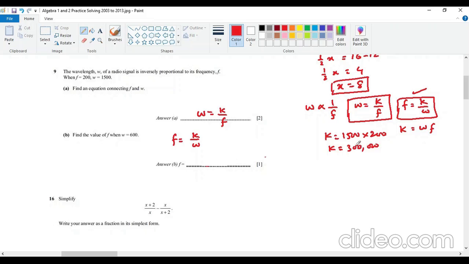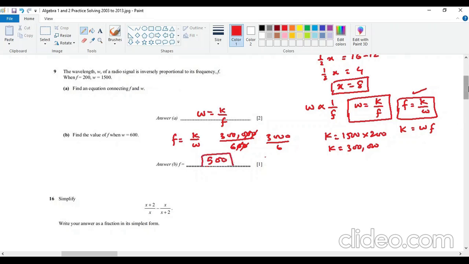Now in here k is already given, we found out just now, 300,000 divided by w, which is 600. That means these two are going to be cancelled. That means 3000 divided by 6 is going to give us 500. So 500 is your answer.